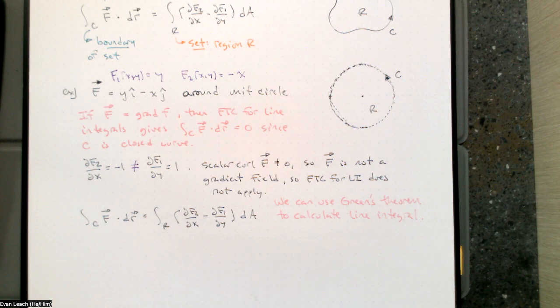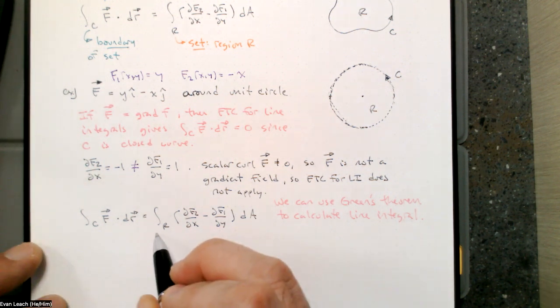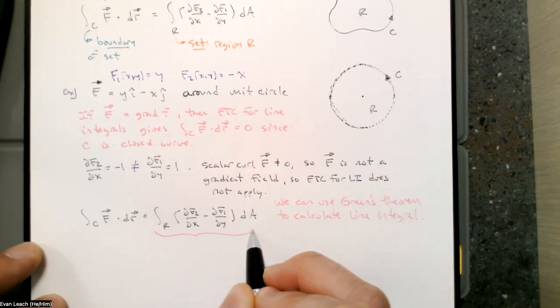What I mean is that we're going to calculate the double integral over the region contained by the curve C. So we're going to be doing this part, this integral.